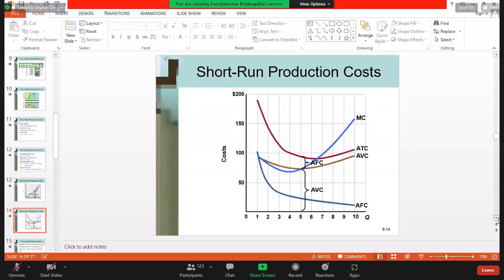So now this additional output is produced by only $0.5. The wage divided by the additional output gives, for the additional output, what is the variable cost, that is marginal cost.